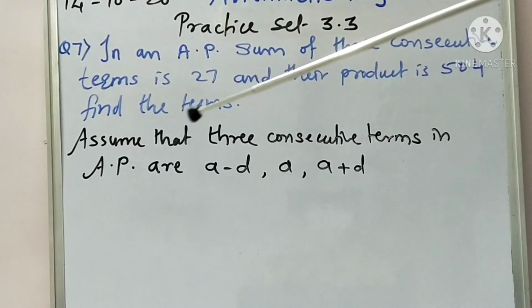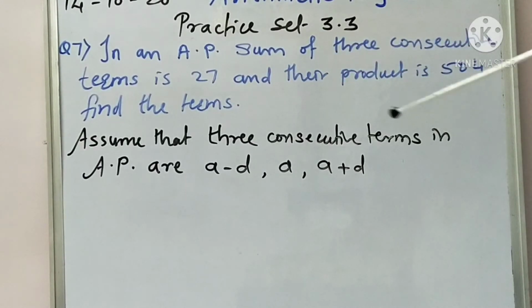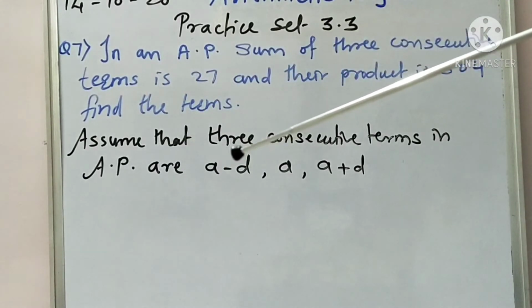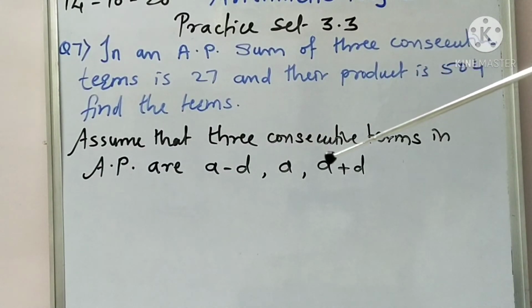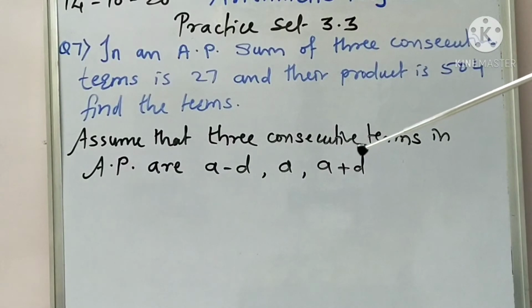So assume that three consecutive terms in an AP are a minus d, a, and the next term is a plus d.